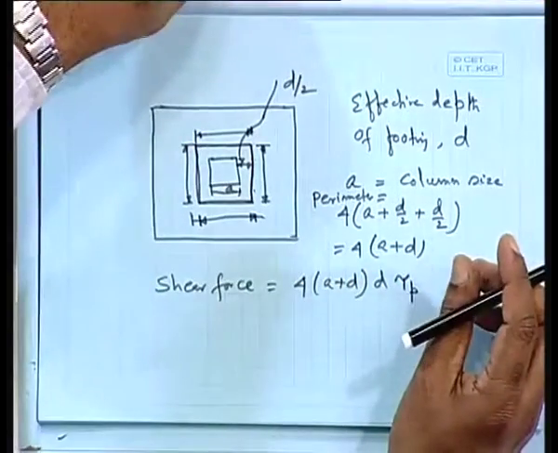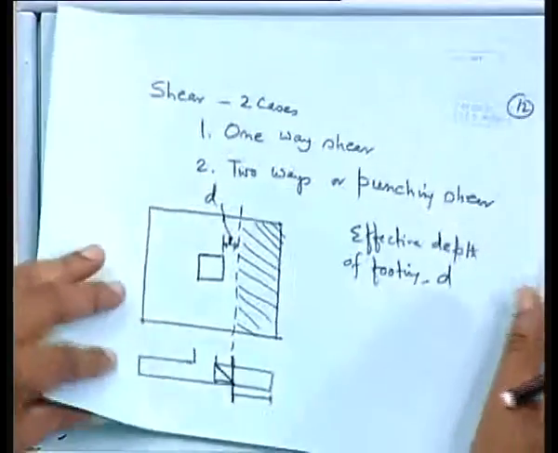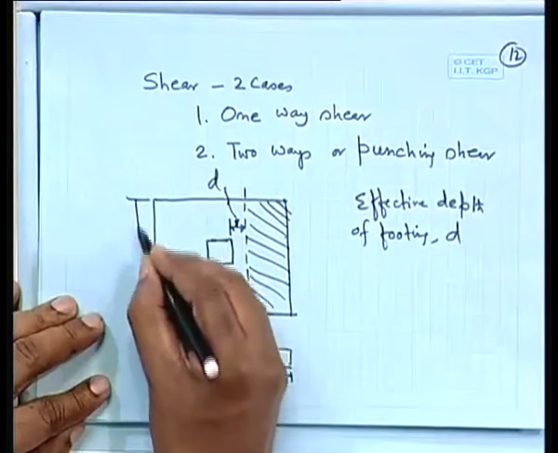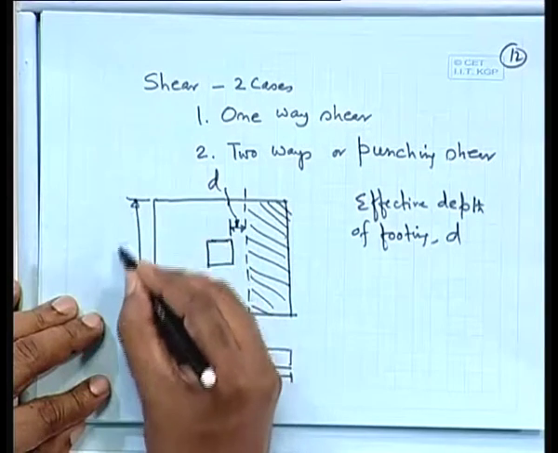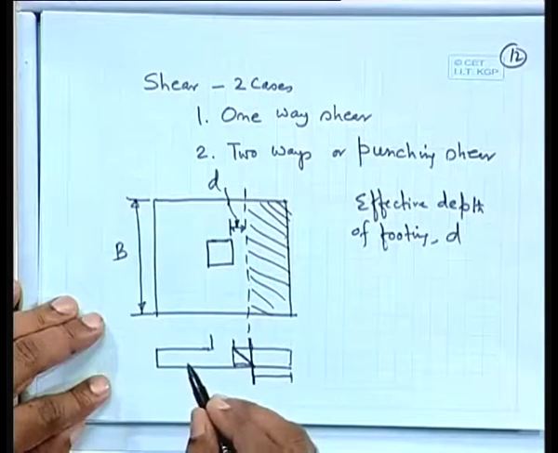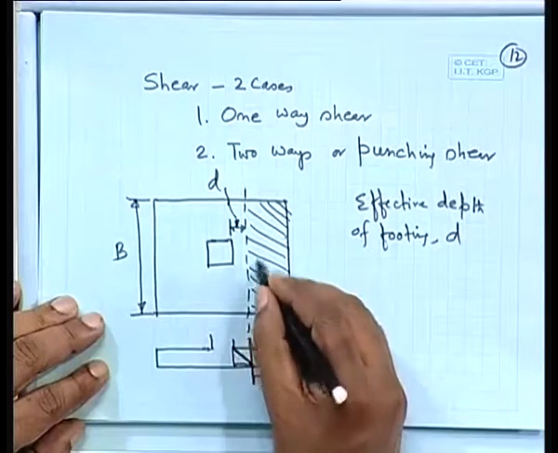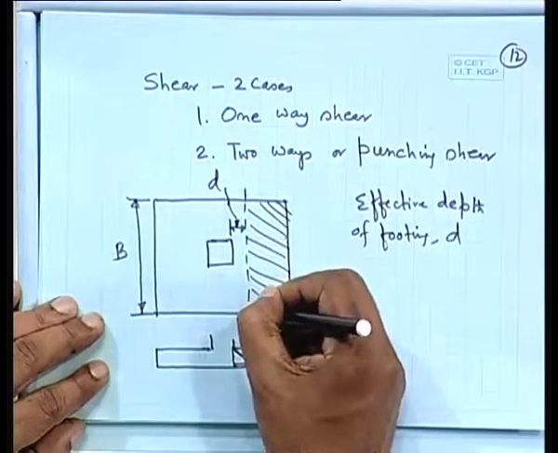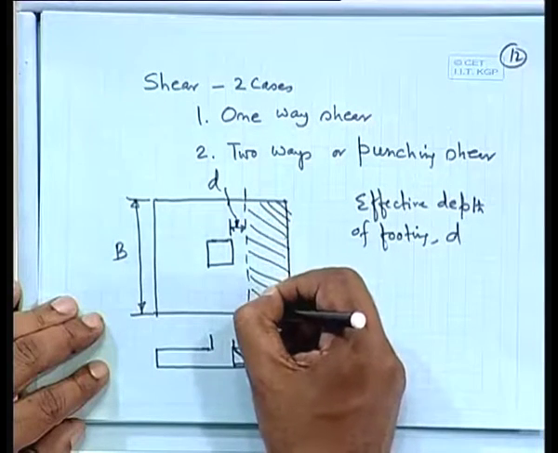Since I have come to this one, let us come to this here. If this is your B or L, let us say this is your B, then what will happen here? I can find out the shear force here also. What will be the shear force here?